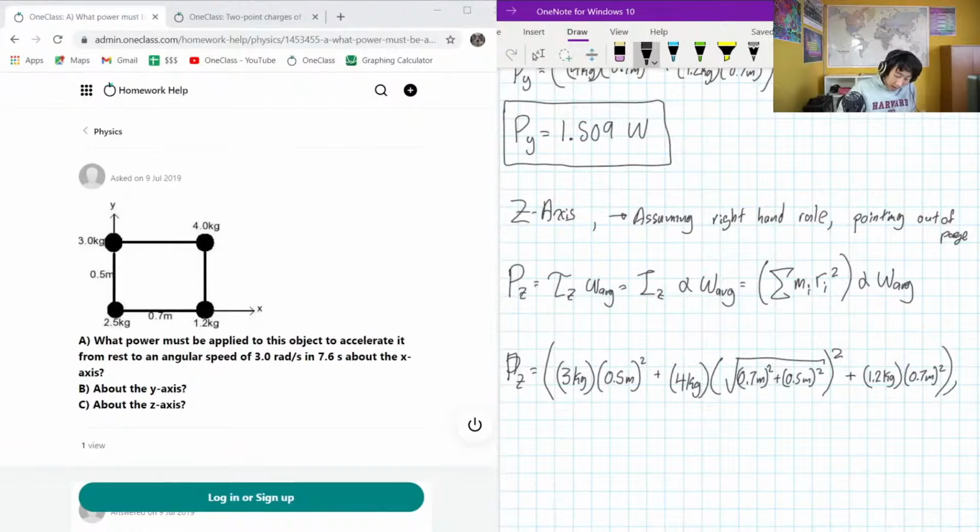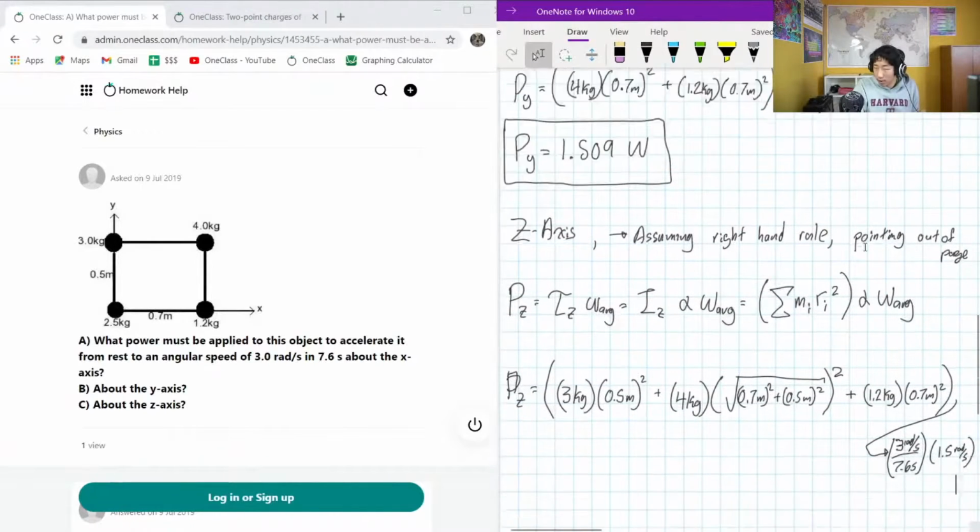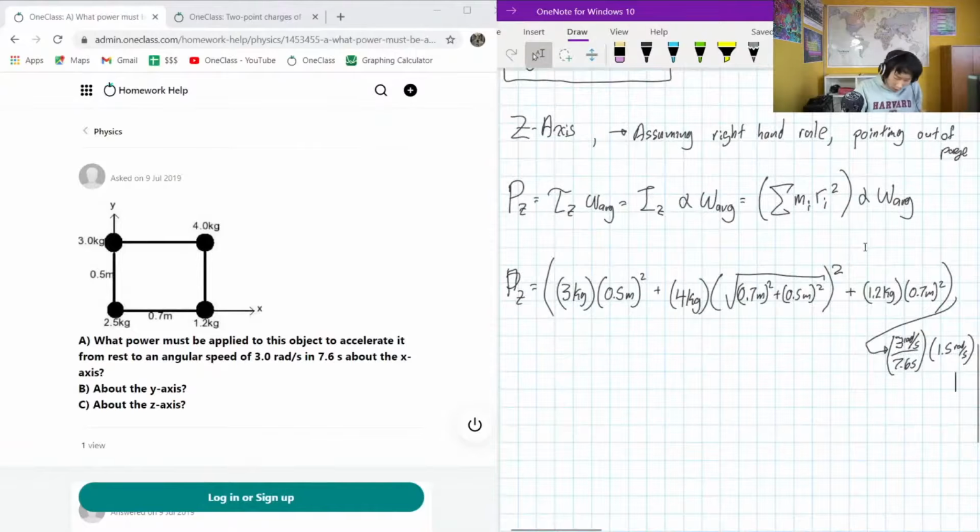And this whole thing is multiplied by the angular acceleration, which is still 3 radians per second over 7.6 seconds, multiplied by 1.5 radians per second. I believe, yep, exactly. Okay, so that's the power about the z-axis to cause this rotation.